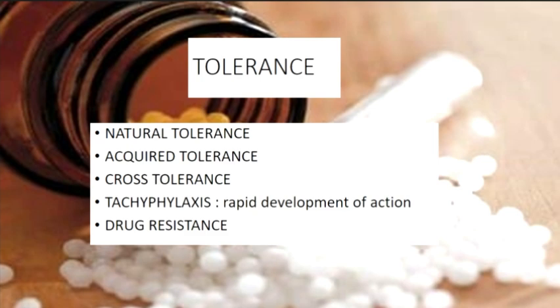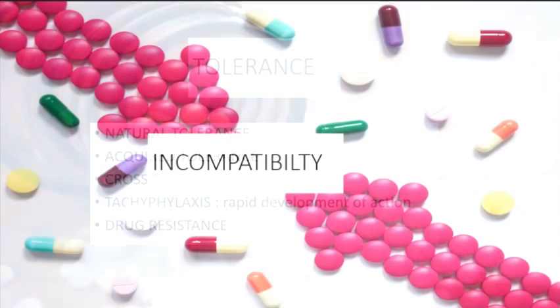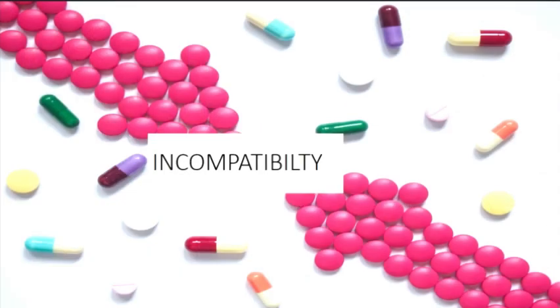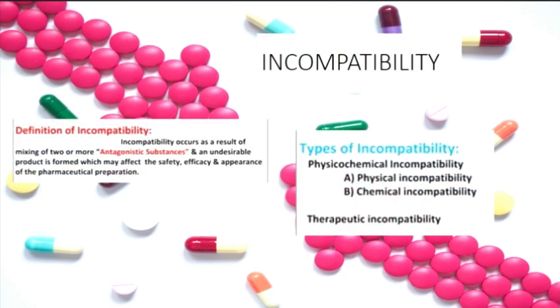So now you get how we can correct this. The correcting of this prescription error is called incompatibility. Incompatibility means the mixing of two or more antagonistic substances so that an undesirable product is formed.